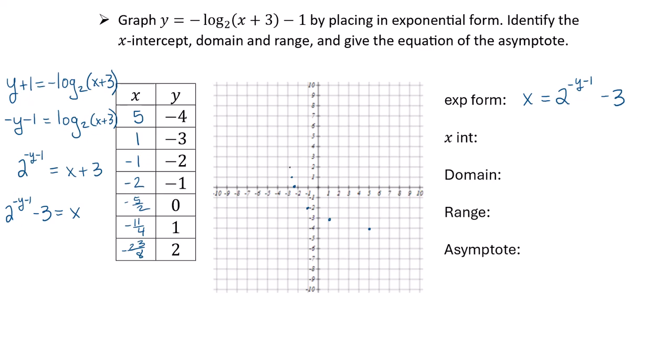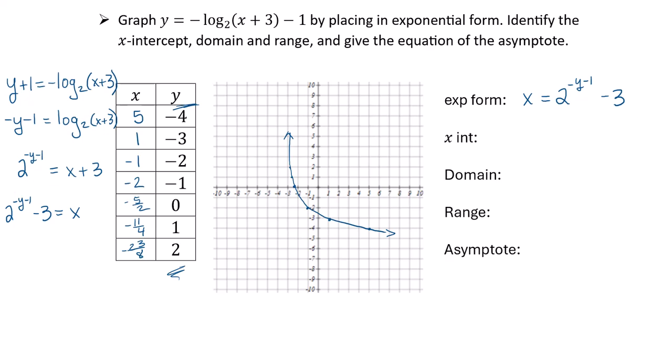And don't worry if you feel like you're not sure what the shape is turning out to be. You can always add a few more y values on either side of this table. But I'm starting to see the shape coming out like this. And I have this asymptotic behavior right here.